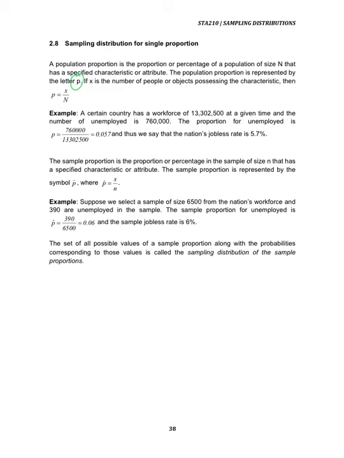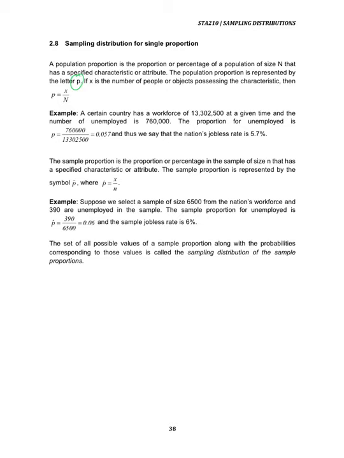Now we focus first on a population proportion. So let's say we have a population of size capital N, and we have something of interest to measure on that population. Let's say our population is UiTM police students, 10,000 students.